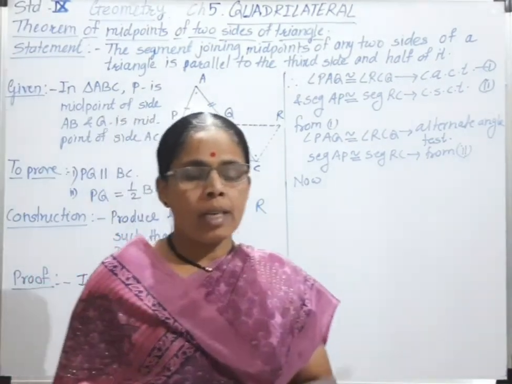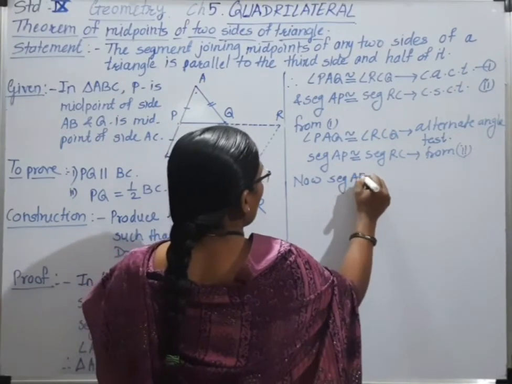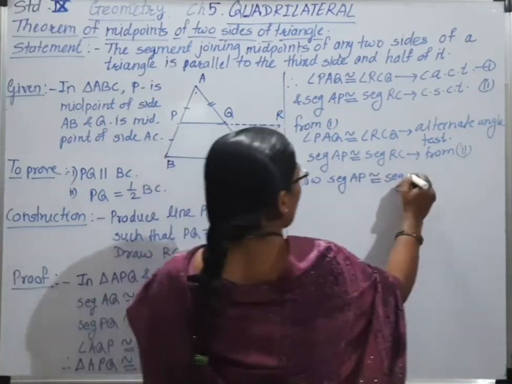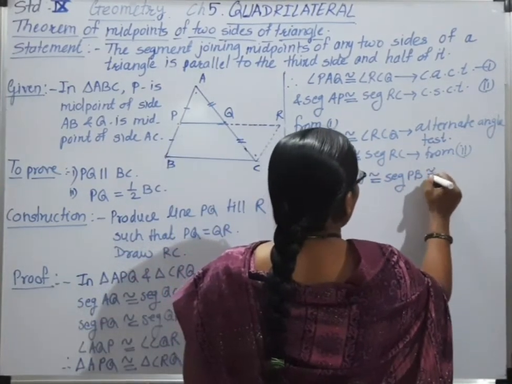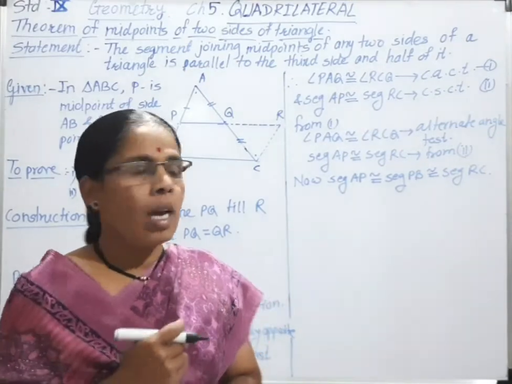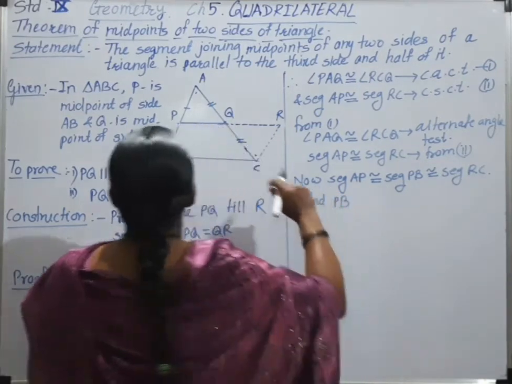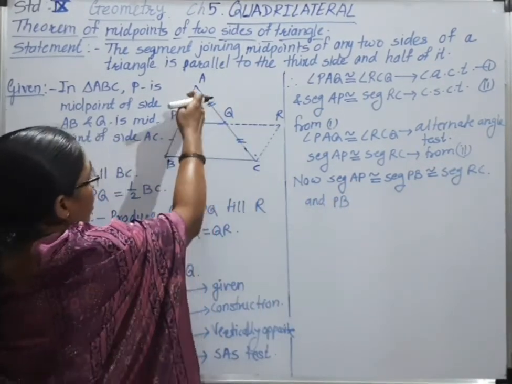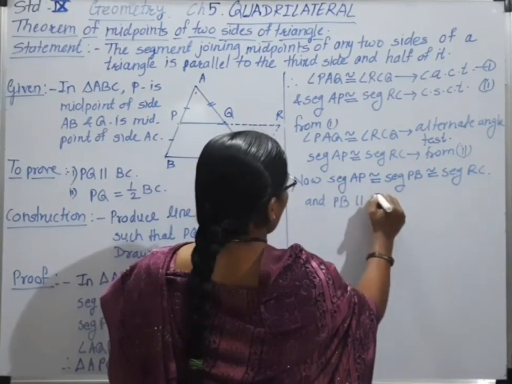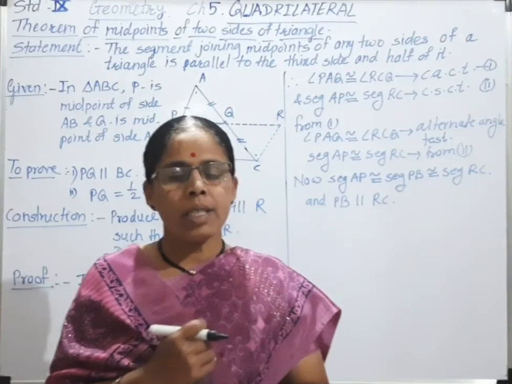Now we can write here segment AP is congruent to segment PB is congruent to segment RC or CR, and PB is parallel to RC or CR because AB is parallel.